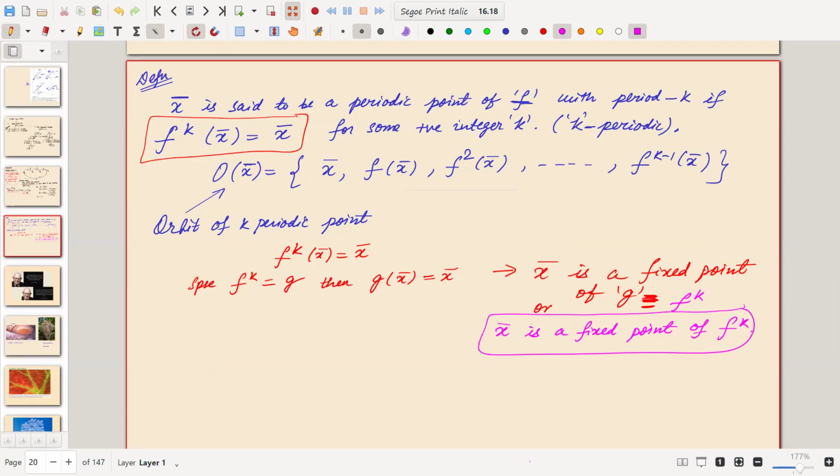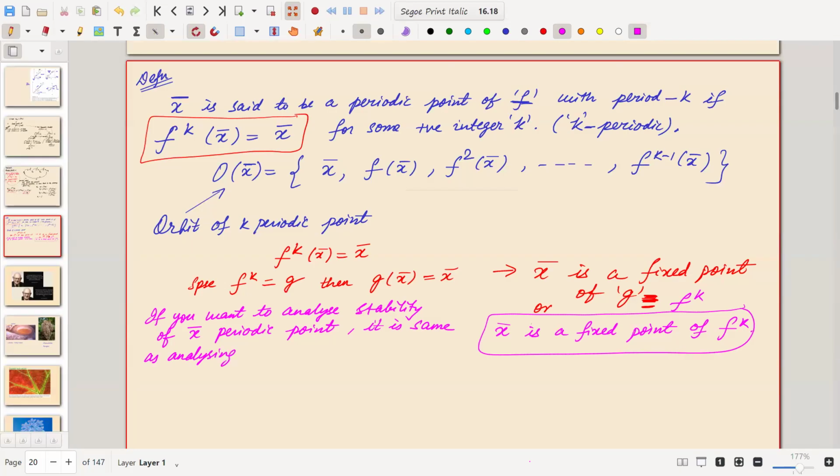So if you want to analyze the stability of a periodic point x bar, it is the same as analyzing the stability of the fixed point of f^k, isn't it?